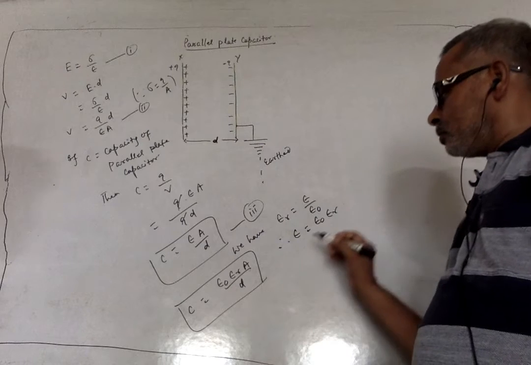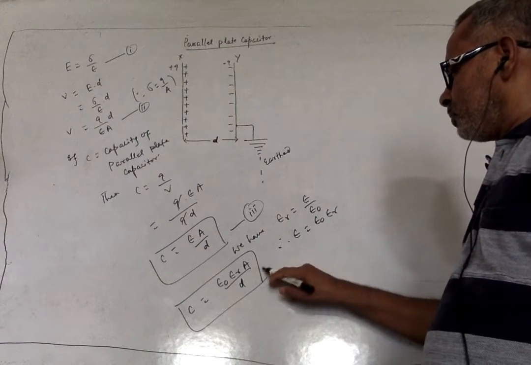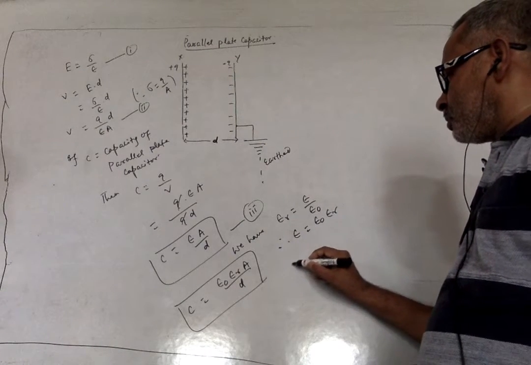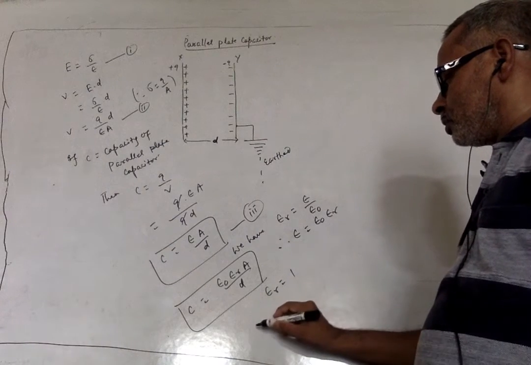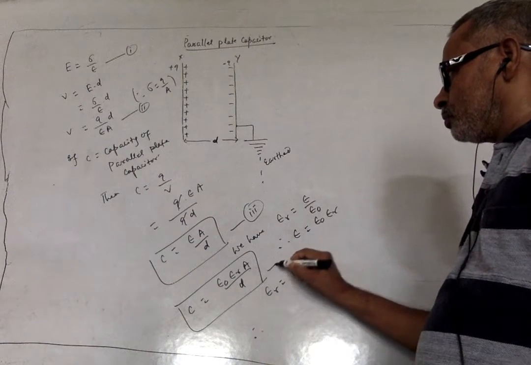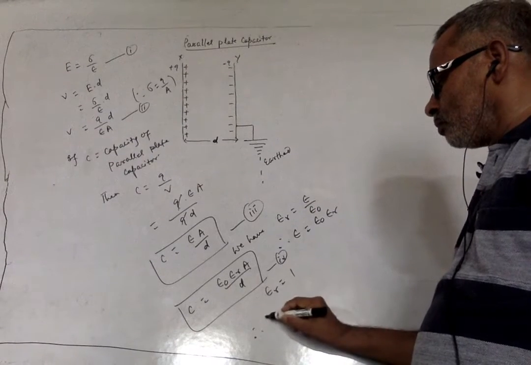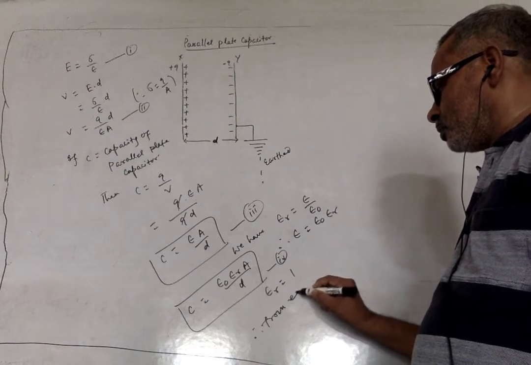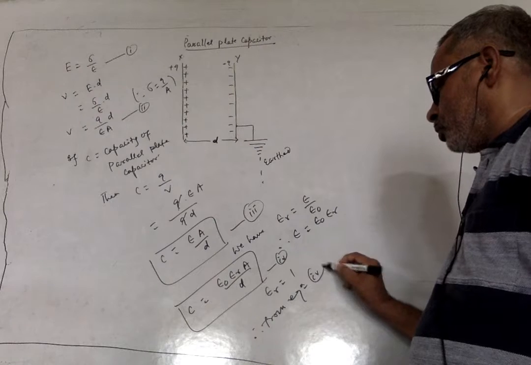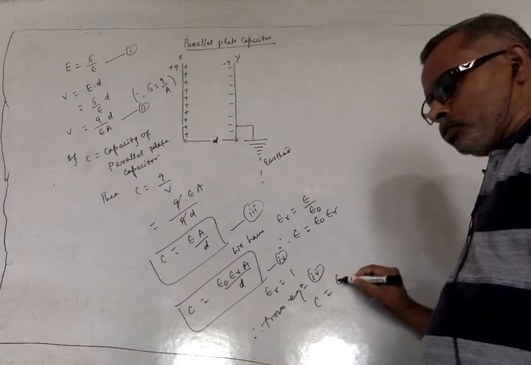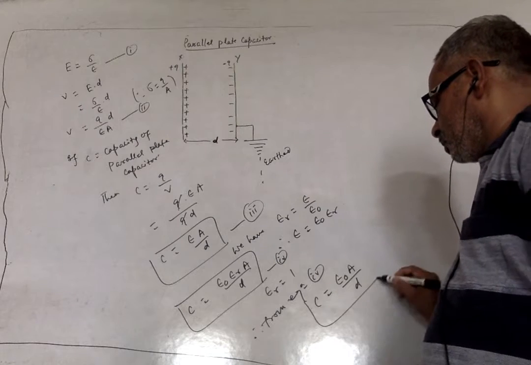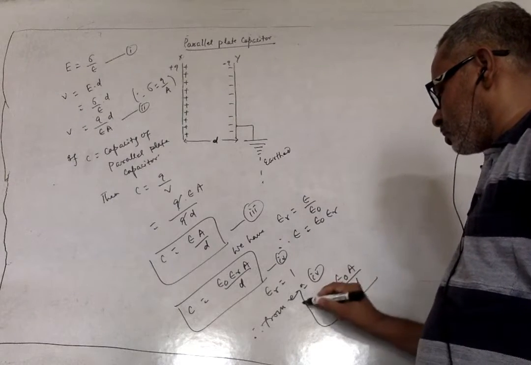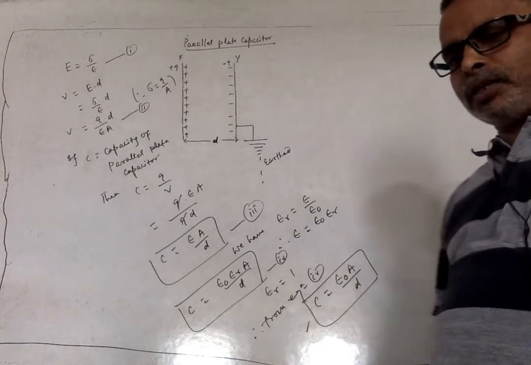If the medium between the plates is air, then epsilon r equals 1. Therefore, from equation 4, C equals epsilon naught A by d. This is the expression for capacity of a parallel plate capacitor.